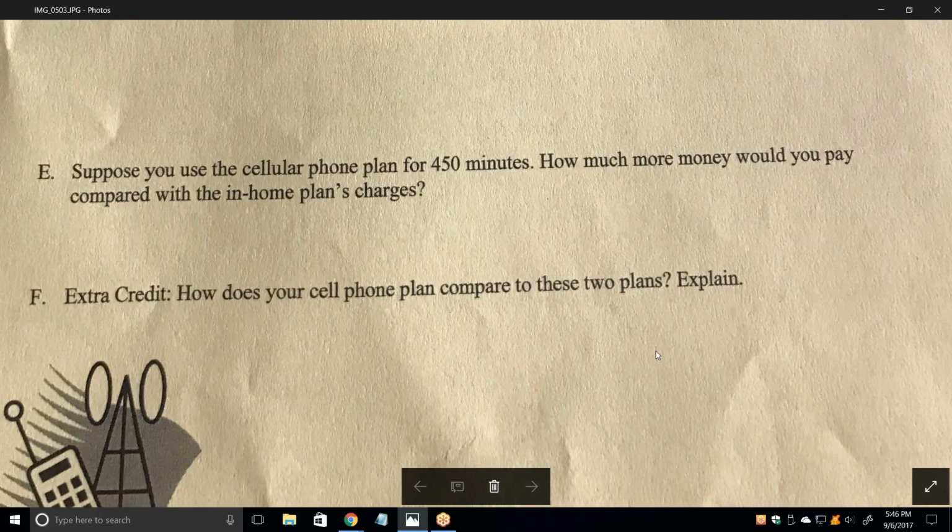Yeah, this is the extra credit. They're actually asking how yours compares, like the one you have. Yeah, they are. That's why it's extra credit. They're not asking you to compare Plan B with Plan A. We've already done that as much as one could do.